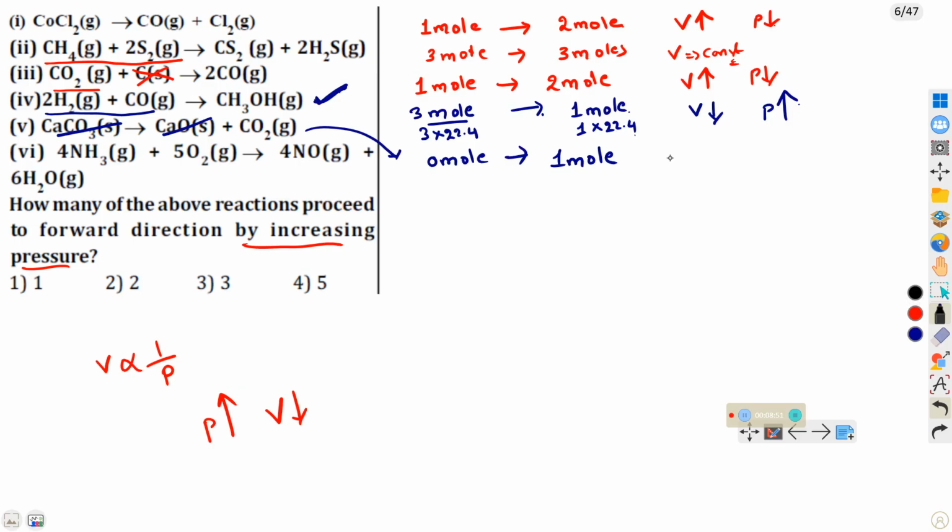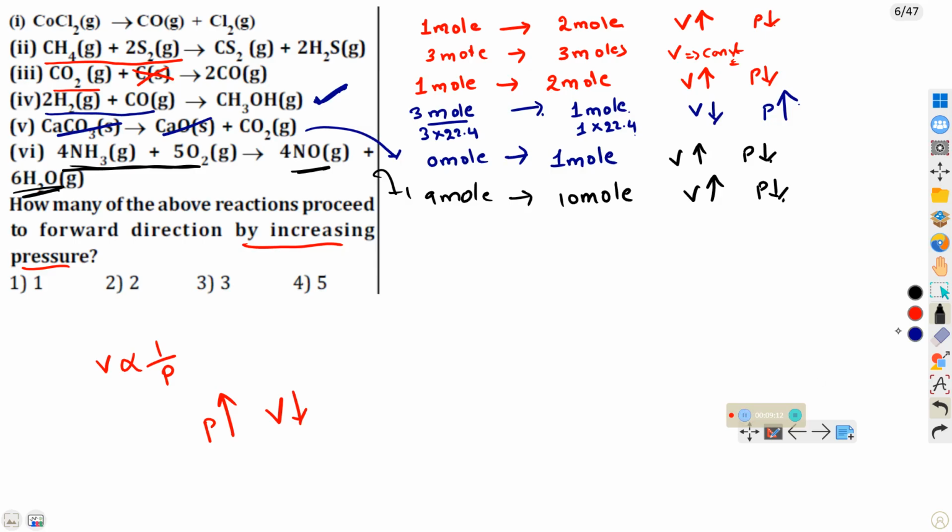So here volume increases, low pressure favors. Finally, 9 moles of gaseous reactants converted to 10 moles of gaseous products. Volume increases, pressure decreases. So only one. First option correct.